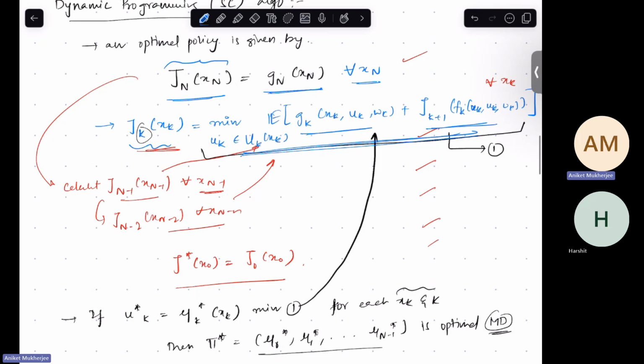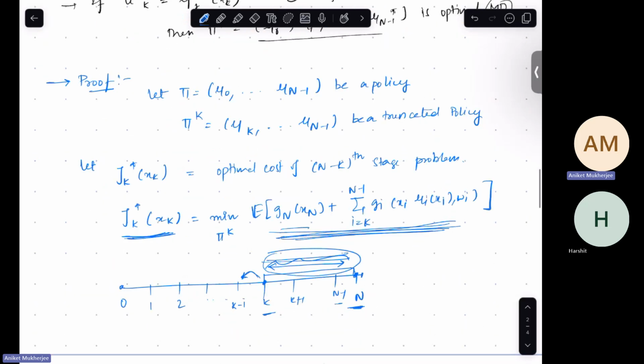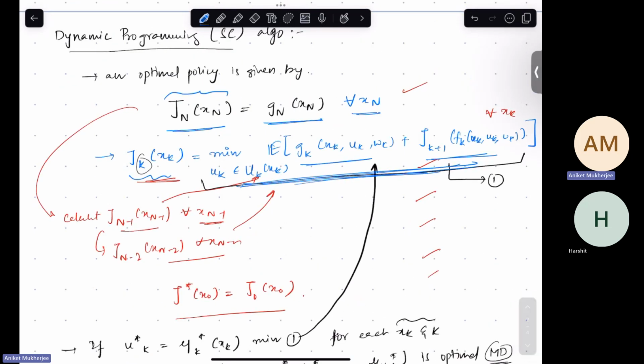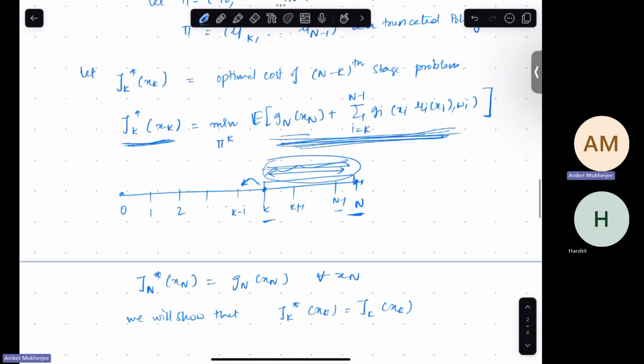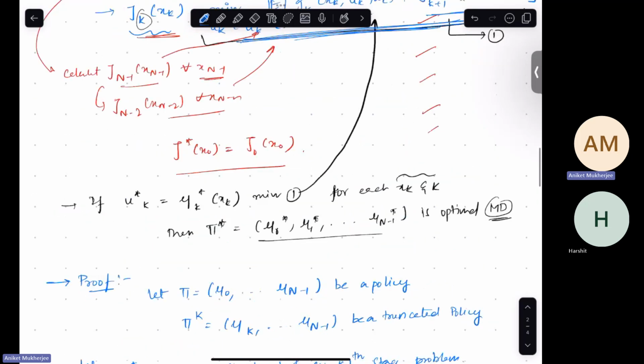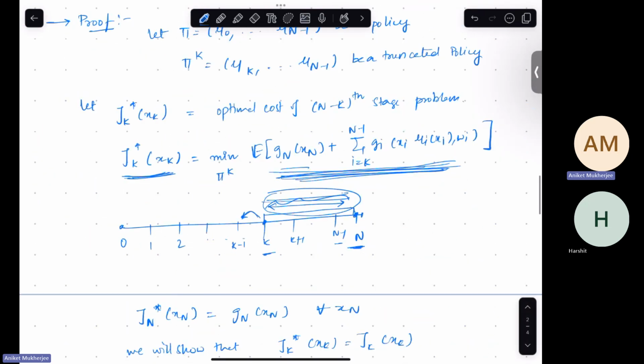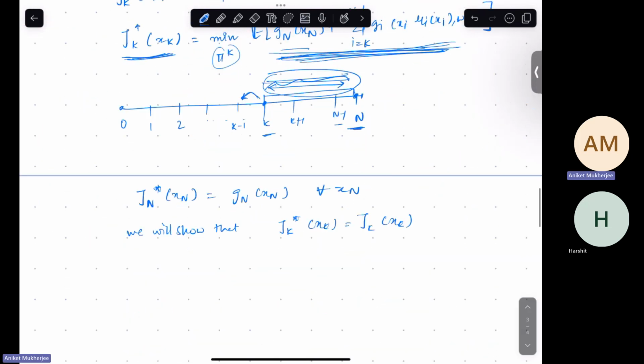You see that this definition and this definition are different, but we'll show that this J_k star that we defined here and this J_k defined here are both the same. If we can show that, then solving a stochastic control problem using the dynamic programming algorithm would give you the same policy that we have used here.